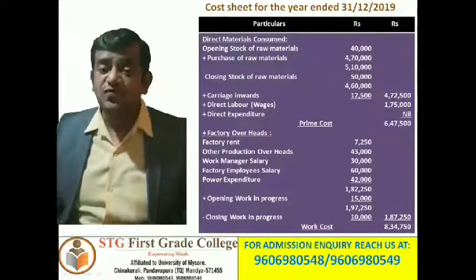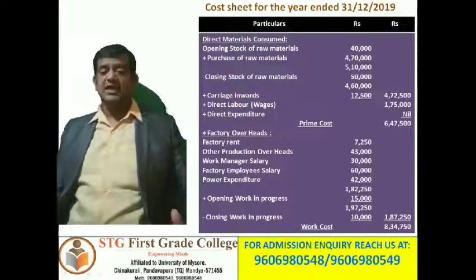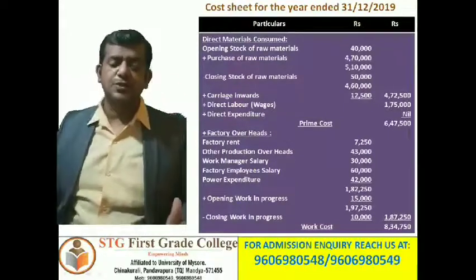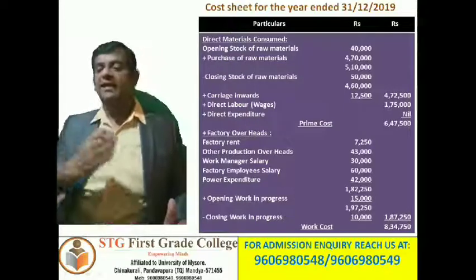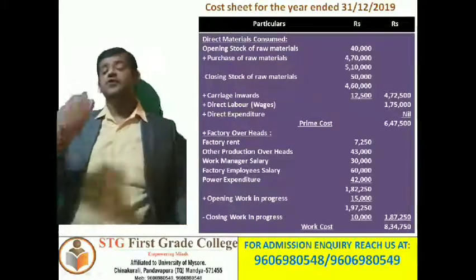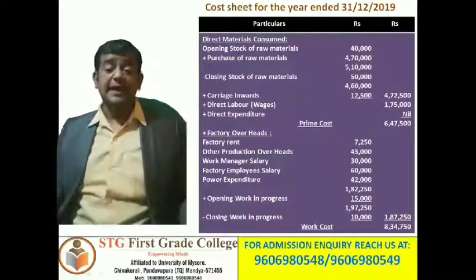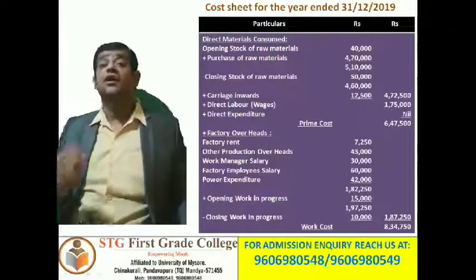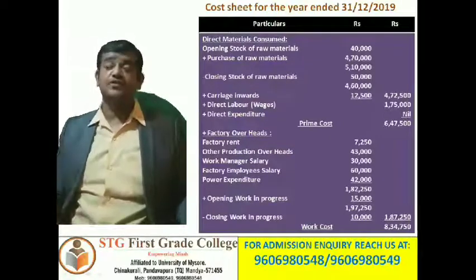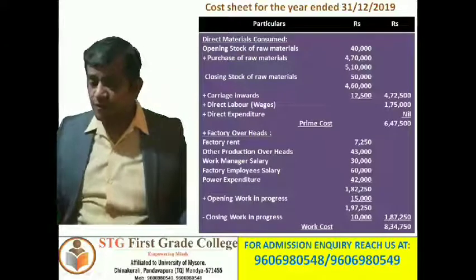Now for this, we are going to add opening stock of work in progress. How much is the opening stock of work in progress? That is 15,000 rupees. So add it: 1,82,250 plus 15,000. The total is going to be 1,97,250 rupees.